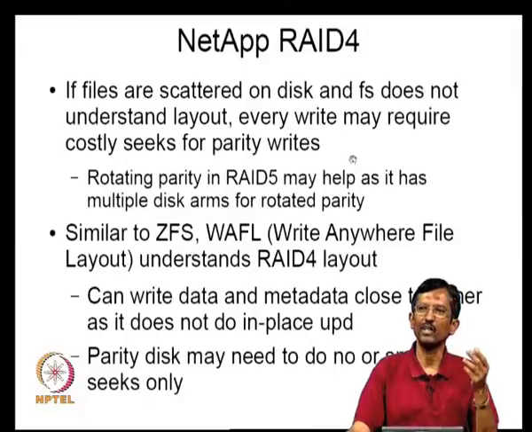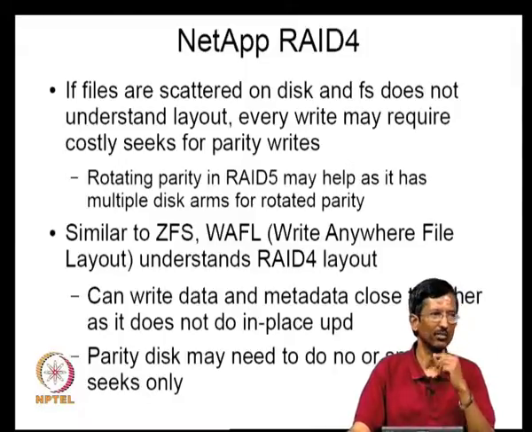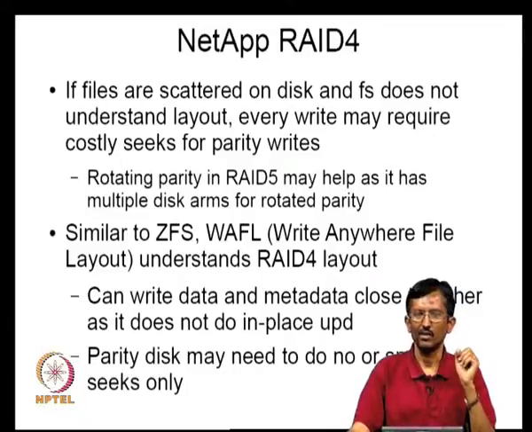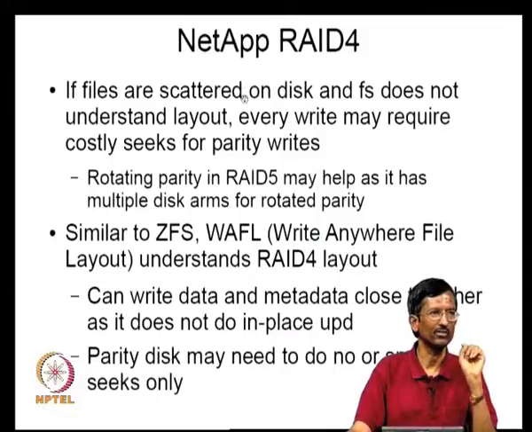That means that on every write, the parity disk has to keep seeking from one place to another. That is a problem with RAID4. RAID5 may be okay because you essentially have the equivalent of five disk arms, since parity is distributed. But with RAID4, that's why it has not been used seriously. But NetApp has discovered a very good use for this.